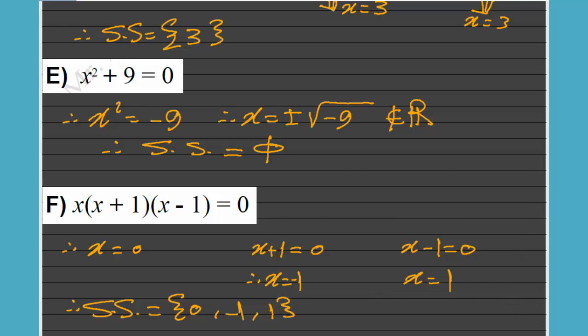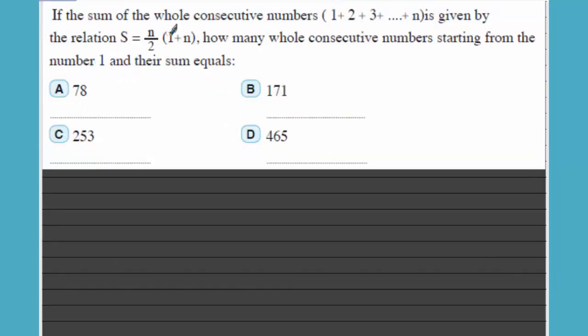Next question. If the sum of the whole consecutive numbers 1 + 2 + 3 + 4 up to n is given by the relation S = n/2 × (1 + n), how many whole consecutive numbers starting from the number 1 have a sum equal to 78?